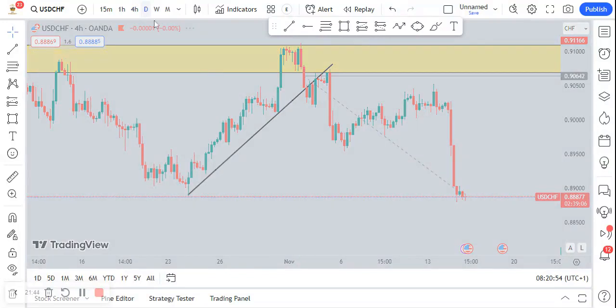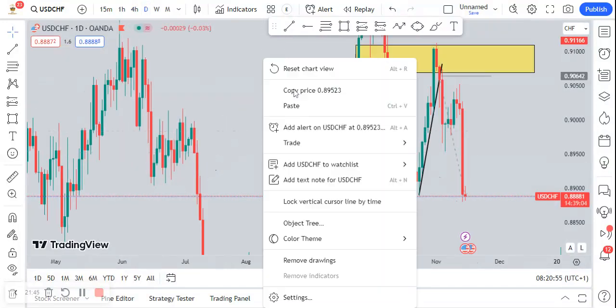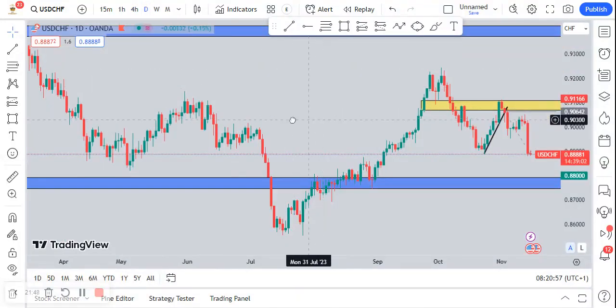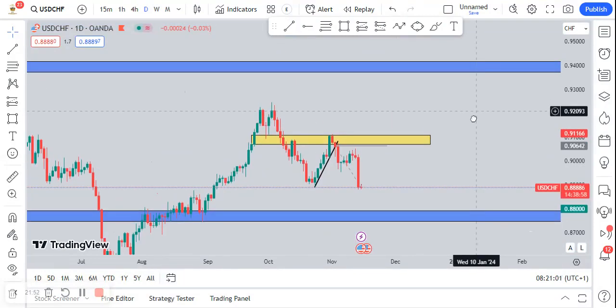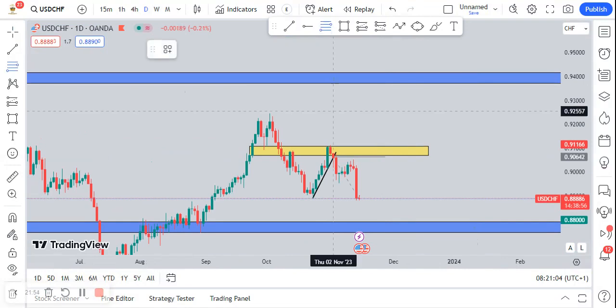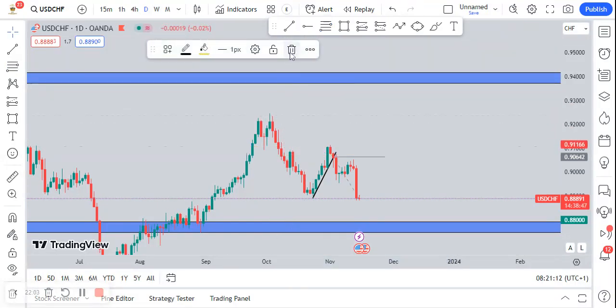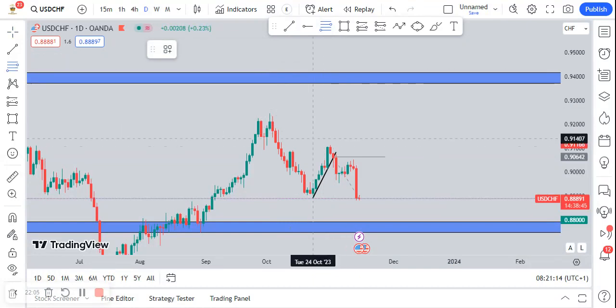So even the pullback, when we are having this pullback, what I did is, if I'm seeing a pullback, I just go to my daily time frame and draw my Fibonacci again. So during the pullback, I just come here, put my Fibonacci. Let me remove this level from here.